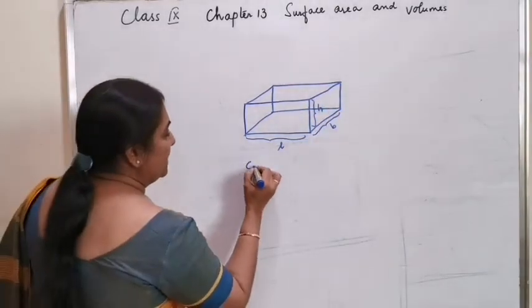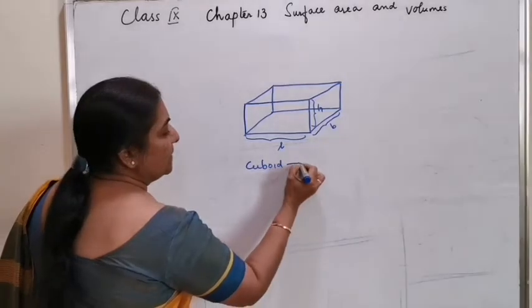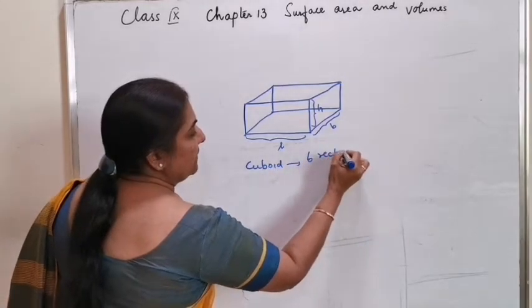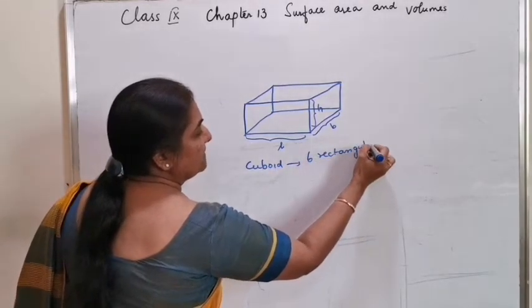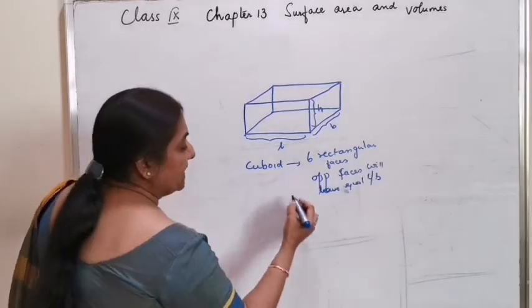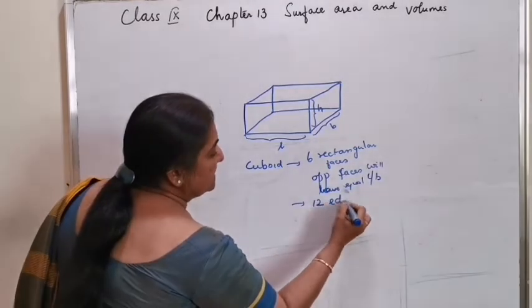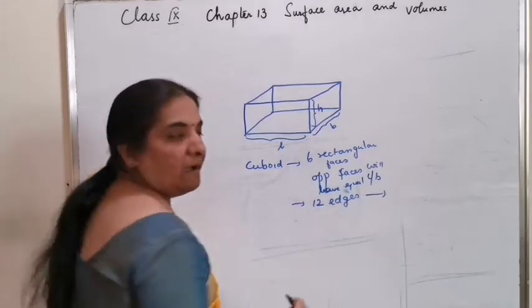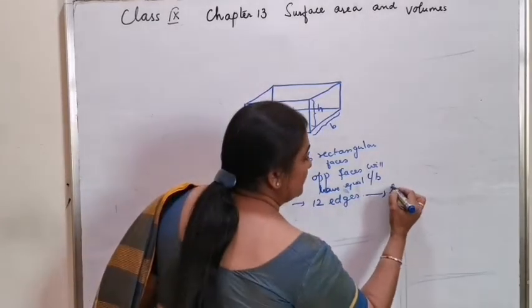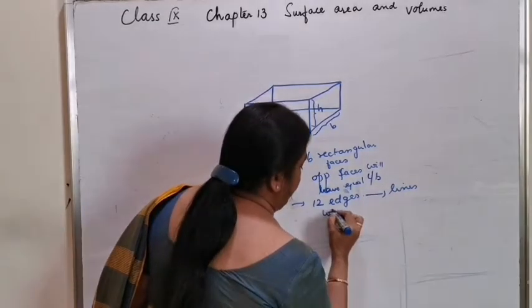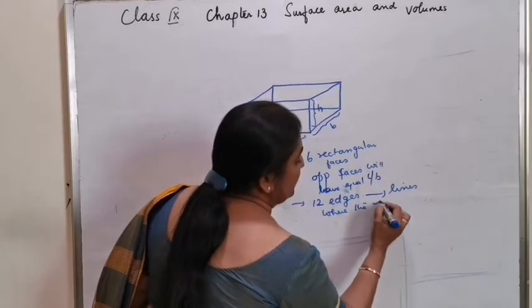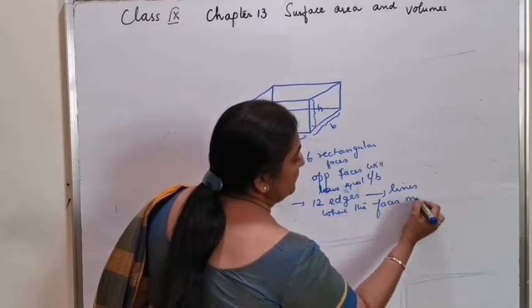Thus, a cuboid will have 6 rectangular faces. There will be 12 edges. Edges are the lines where the faces meet.